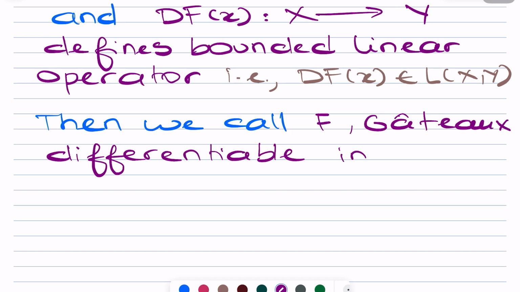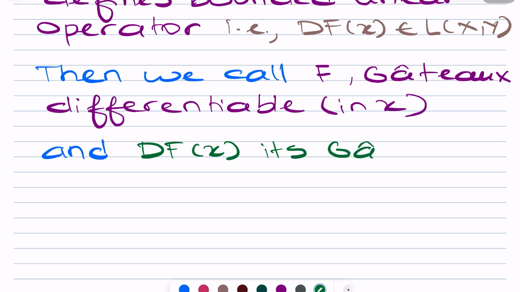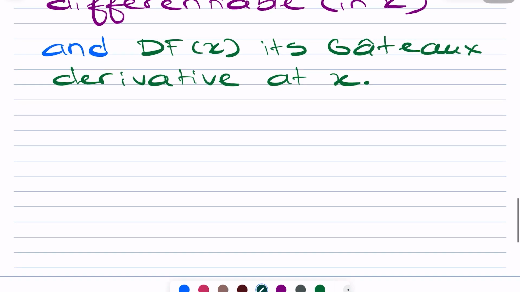I mean in X, of course. And df x is the Gâteaux derivative at x. Okay, and finally we define the Fréchet differentiability.